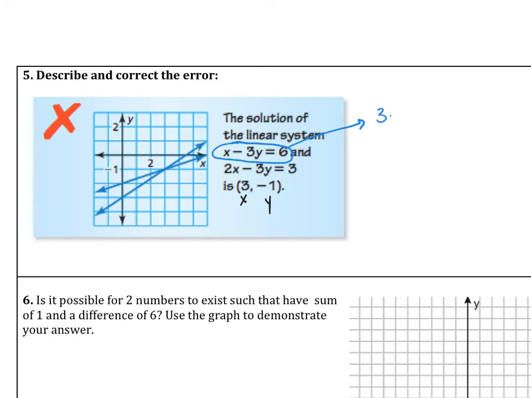X is 3 minus 3 times y, which is negative 1, equals 6. All right, negative 3 times negative 1 is a positive 3. That's true. Let's check our other equation.